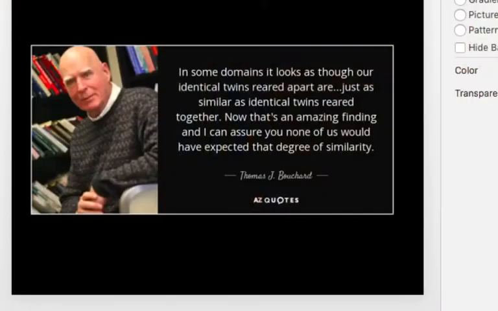Okay, so again, yun yung mga ideas and mga discoveries na natutunan natin because of twin studies. Merong sinasabing isang quote, itong psychologist na ito, sabi niya, in some domains, it looks as though our identical twins reared apart are just as similar as identical twins reared together. Now, that's an amazing finding, and I can assure you, none of us would have expected that degree of similarity.